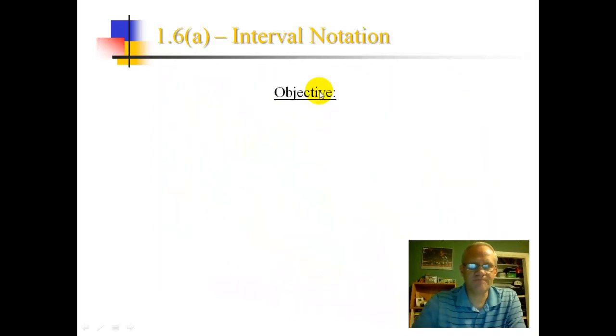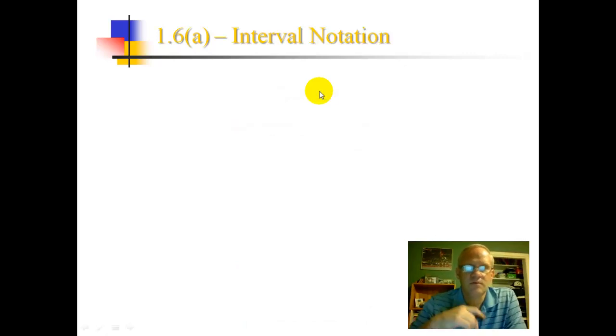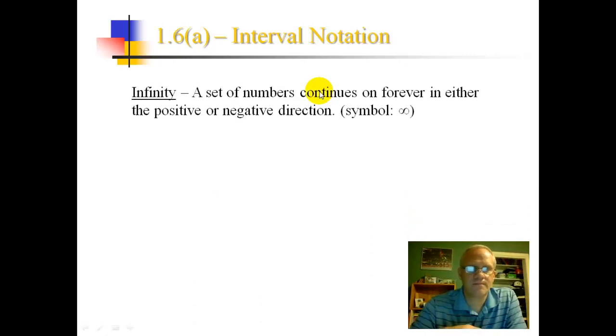Alright, so first of all, our objective for this video is to use interval notation. In interval notation, the concept of infinity comes into play. Infinity is just a set of numbers that continues forever in either the positive or the negative direction, and the symbol is like a little sideways 8.